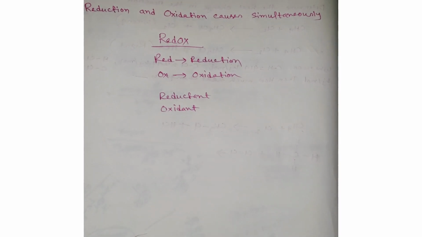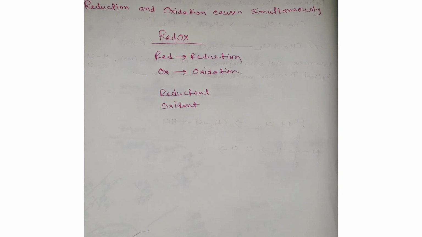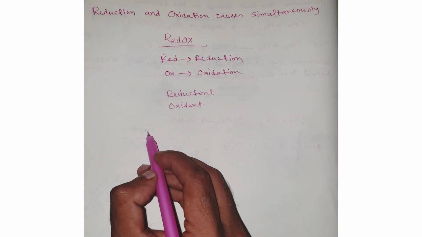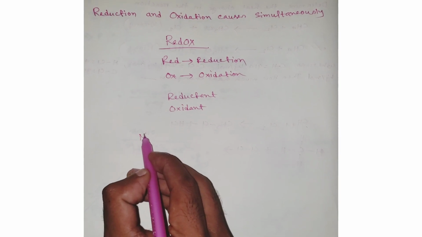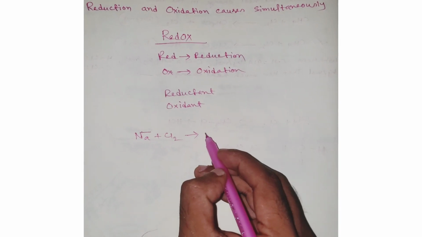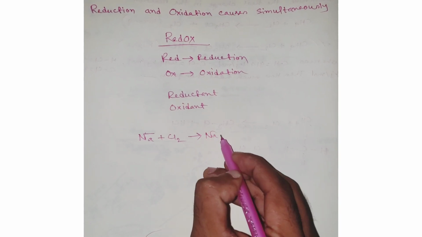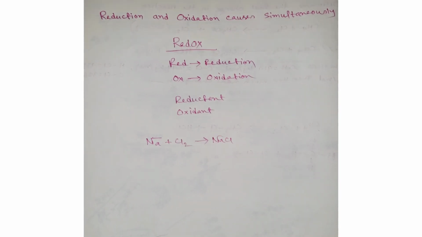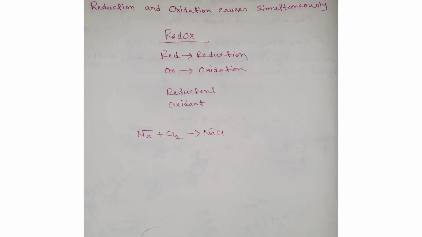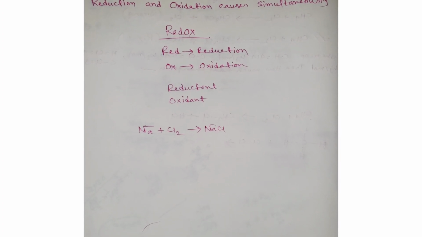Okay, now we'll have to prove it by a chemical equation. Let me write down a simple chemical formula: sodium plus chlorine gas produce sodium chloride, which is also called edible salt, and has huge uses in our daily life for cooking.